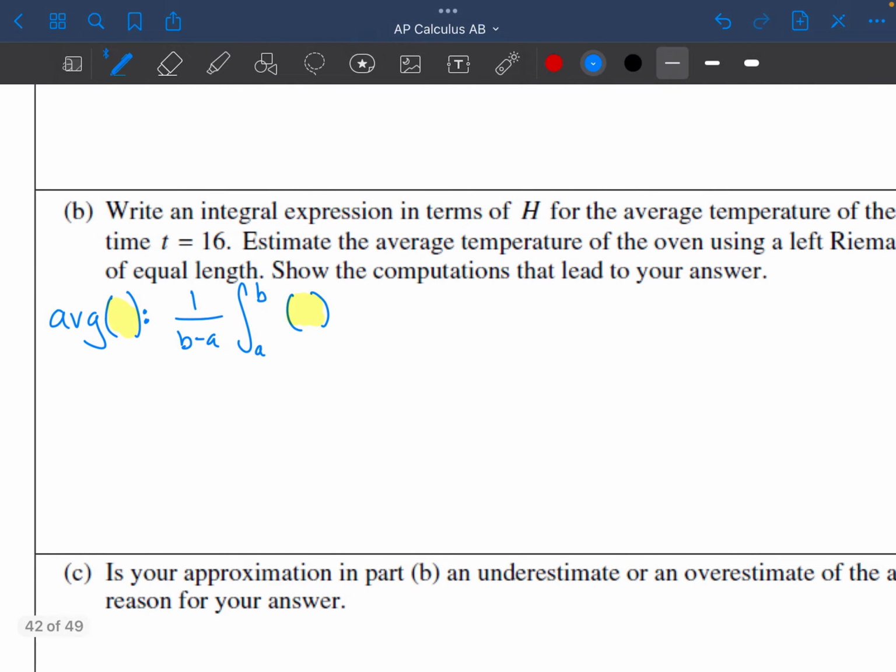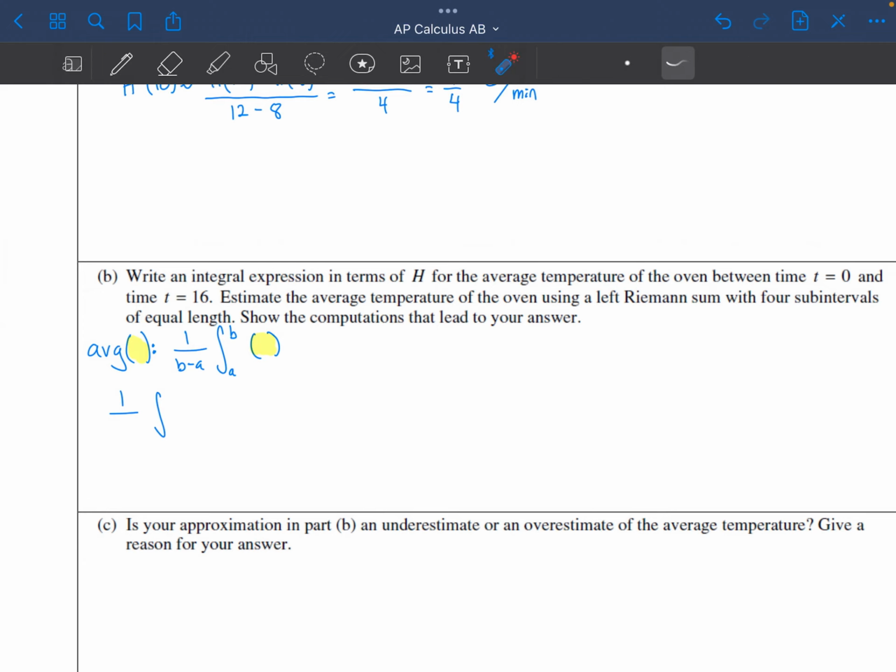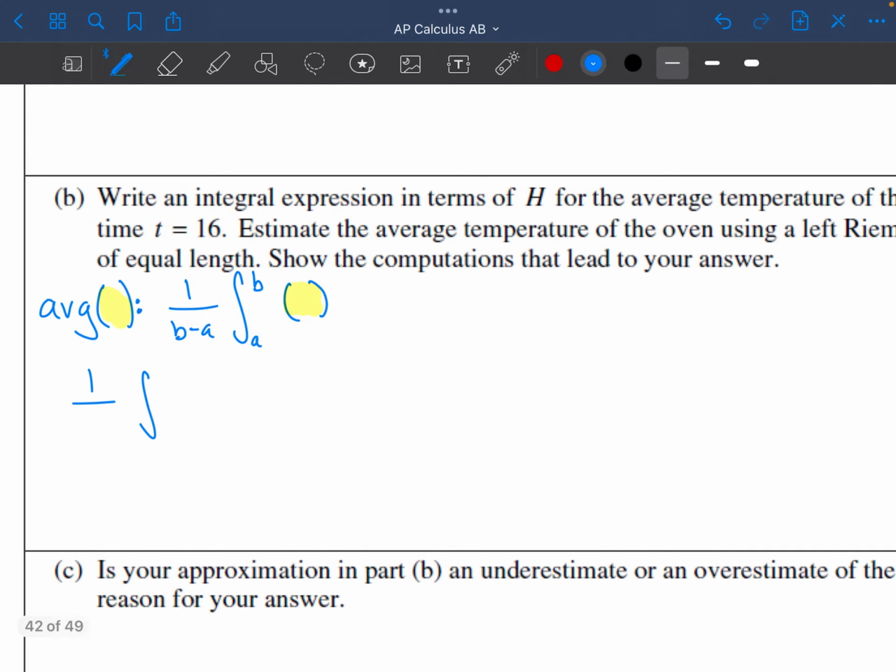So for us, it's going to be 1 over, okay, what are my b and a? My bounds are going to be, let me read the question, it says time equals 0 and time is equal to 16. So it's going to be between 0 and 16. So integral from 0 to 16, which means I have 16 minus 0 over here for my time. And it's talking about temperature. It wants to know the average temperature.